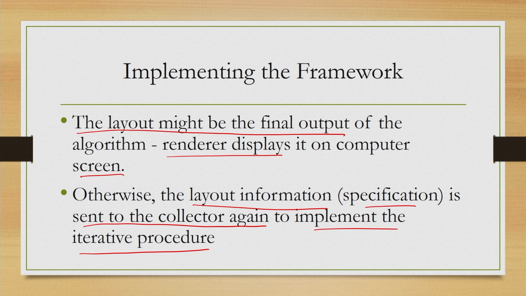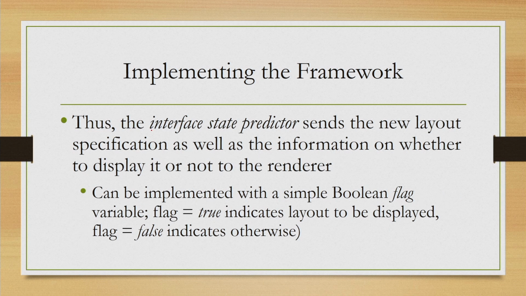In order to do that, we can use one flag. Actually, the interface state predictor needs to send the new layout specification as well as the information on whether to display it or not. To do that, the predictor module can use a simple Boolean flag.